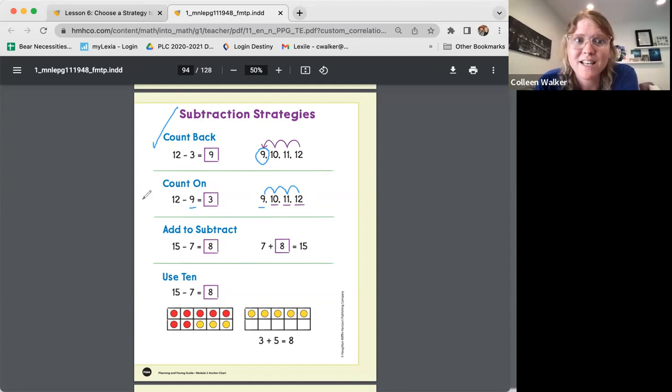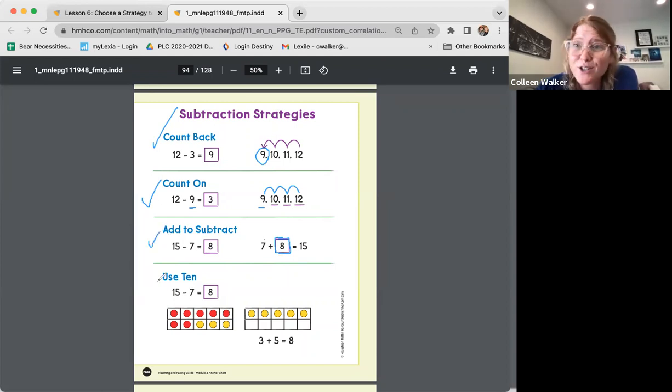So the difference is 3. We've also been practicing adding to subtract. For example, 15 minus 7 equals, we'll ask ourselves, well, 7 plus what number equals 15? And in this case, it's 7 plus 8.